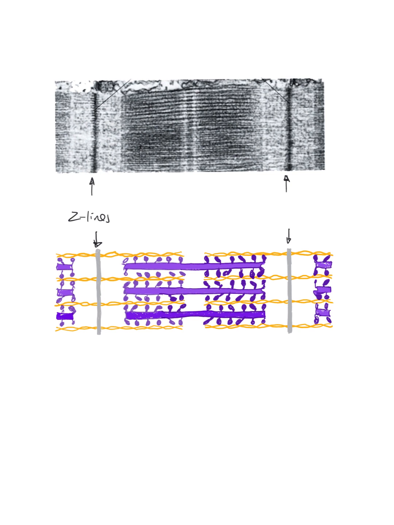Now between that we have a number of other bands and zones that you need to be aware of. Sometimes these are referred to as light and dark bands that form the striations. A light band is an area where there is no myosin at all, so it is only actin. You can see in this section here, but also here.